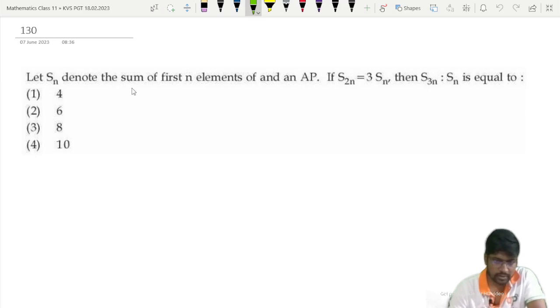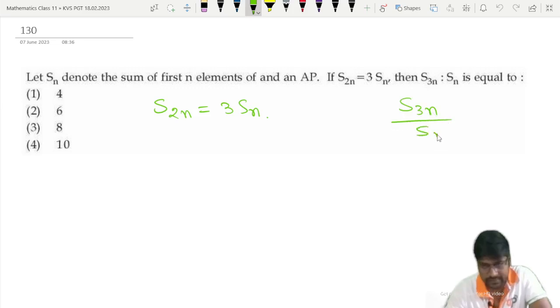Let Sn denote the sum of the first n elements of an AP. If S2n is equal to 3 into Sn, then S3n is to Sn is equal to what? Let us see what conditions are given. S2n is equal to 3 into Sn, and we have to find S3n divided by Sn.